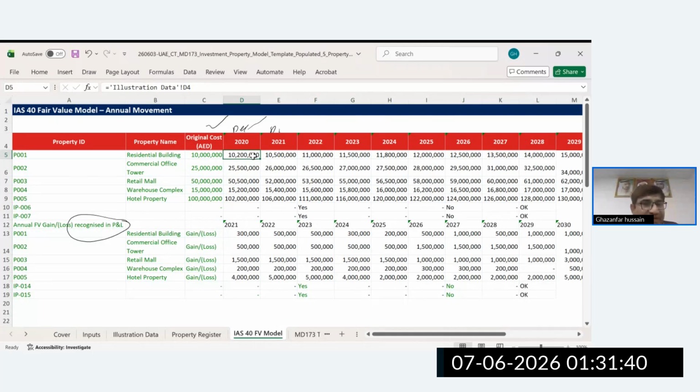Why? Because from the date of purchase till year end, 200 is the gain. Of course, our books will continue from here onward, because we purchase and at year end in our books the value will be shown as this, right? So during the year, when you compute the taxable income, this 200 will be excluded.